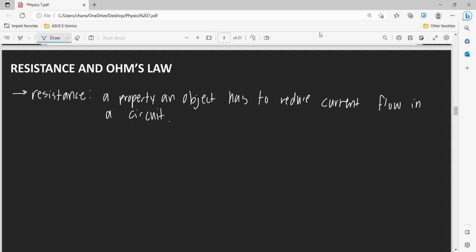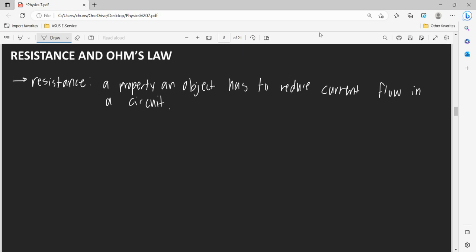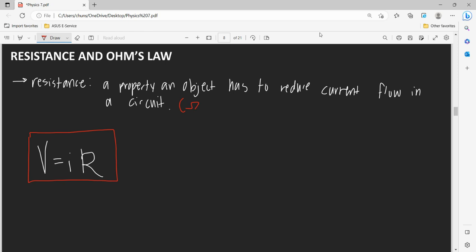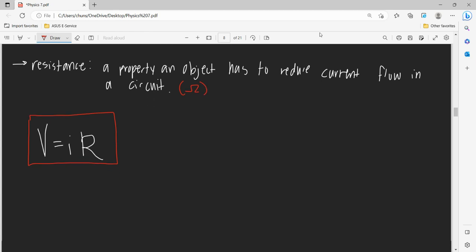When you wire an LED light, it's important to have a resistor, or else you could end up burning out the light by overloading it with the current flow. So that's what resistors do. And Ohm's law is a way to relate current, voltage, and resistance, where V equals IR. Resistance is in ohms, right?